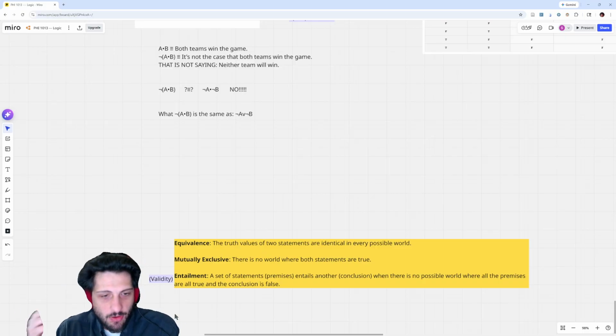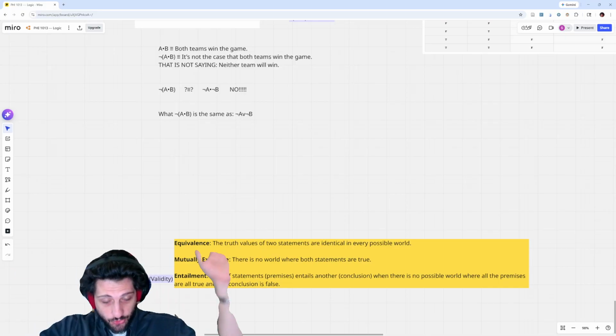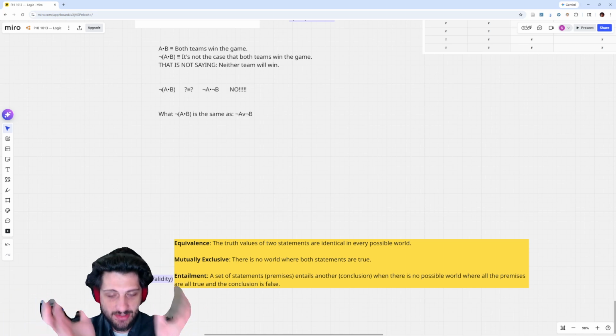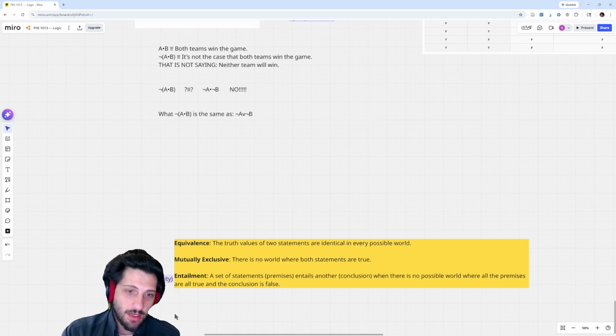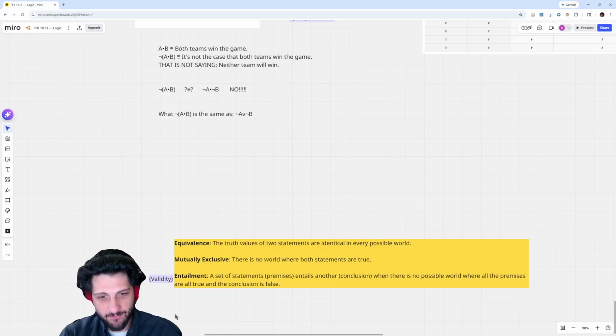We want to find out, are there any cases where, when we look through all the possible worlds and look at all the worlds where one set of statements is true, do we know that this other statement is true? When we look at all the possible worlds and see that all of our premises are true, in any of those worlds, does the conclusion turn out to be false?